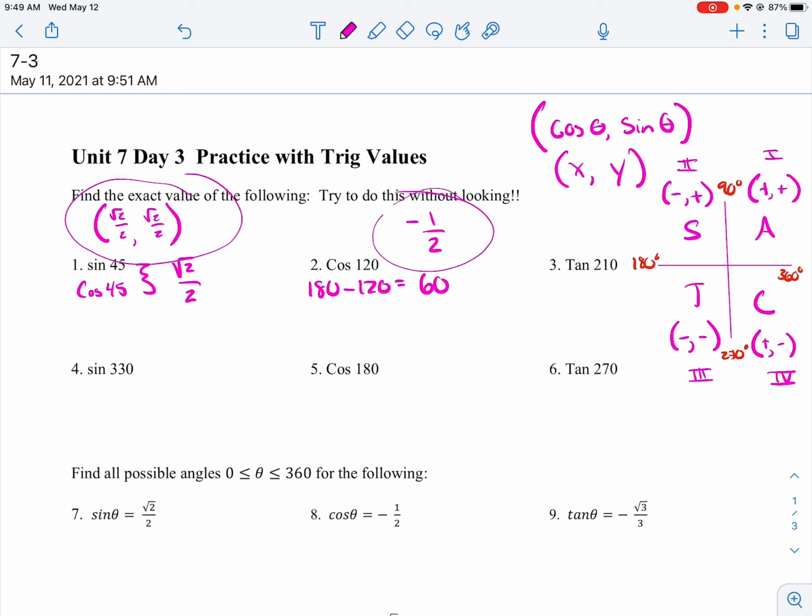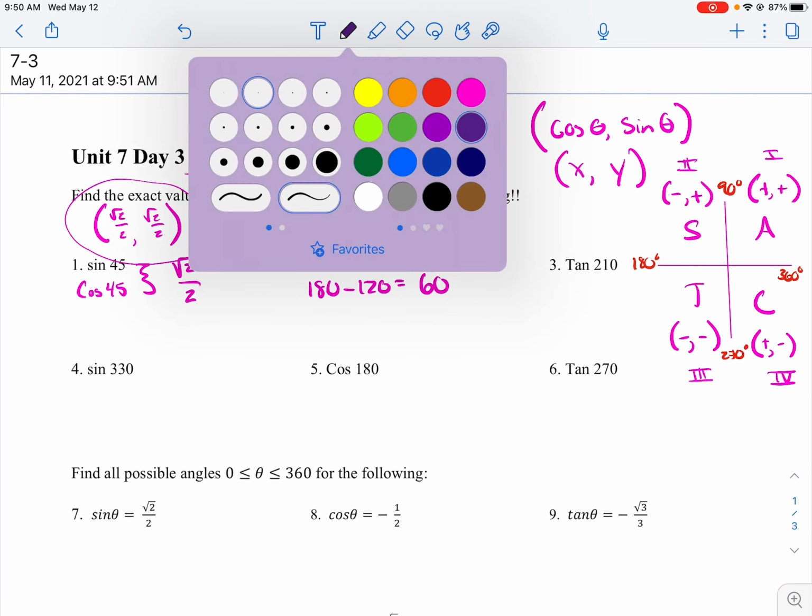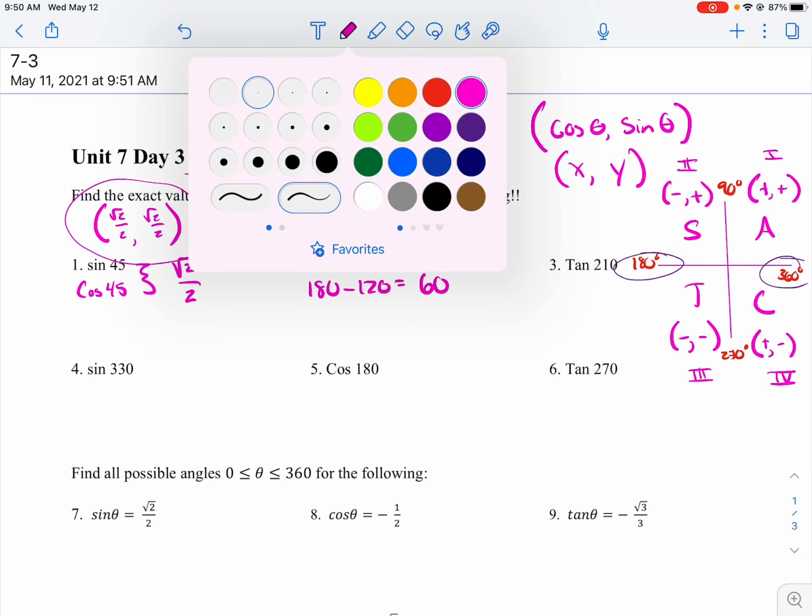Going to the next one, the tangent of 210. So we are in the third quadrant, and our closest horizontal axis is 180 again.